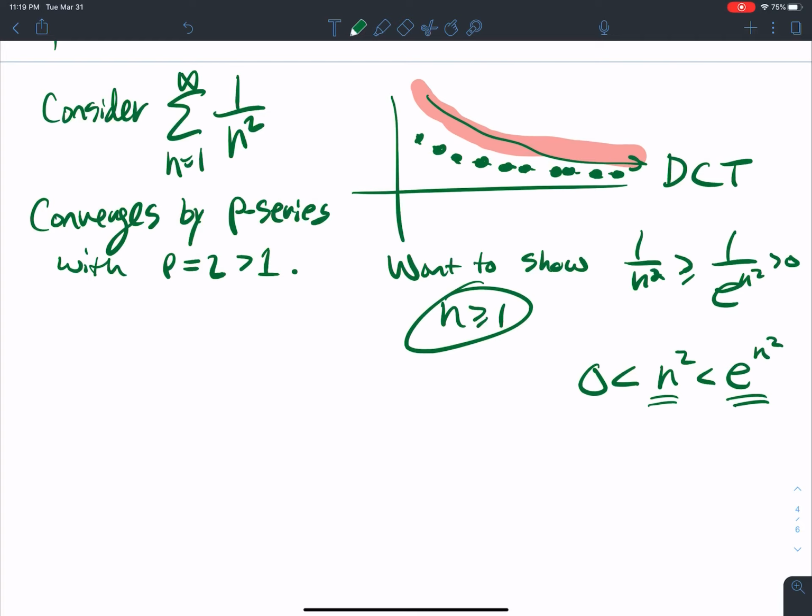So once we get past 1, e to the n squared is beating the daylights out of n squared. Okay, so this is true. That's a true statement.